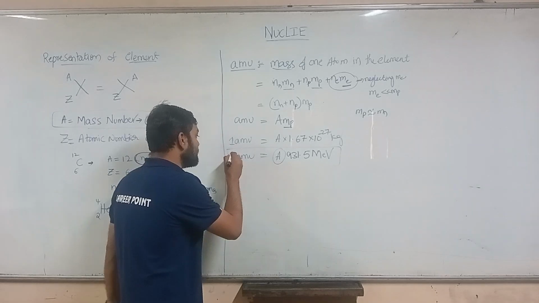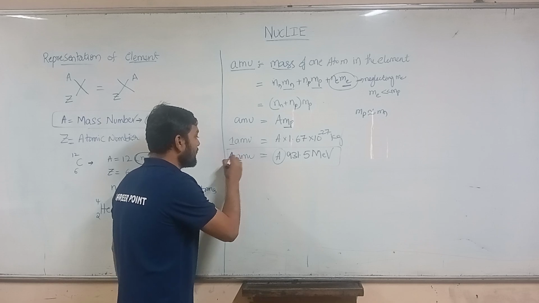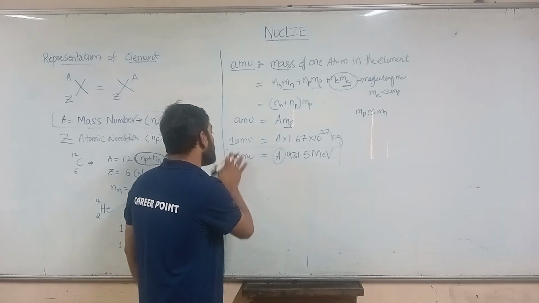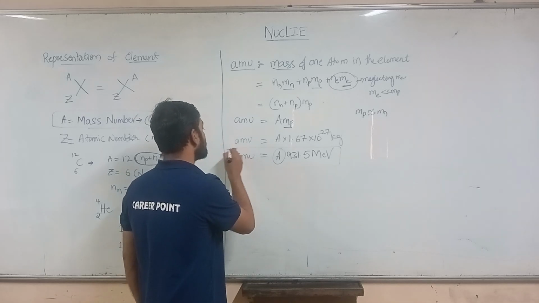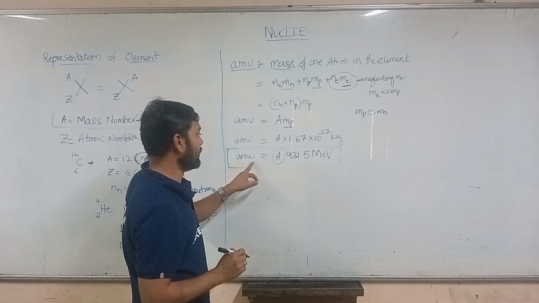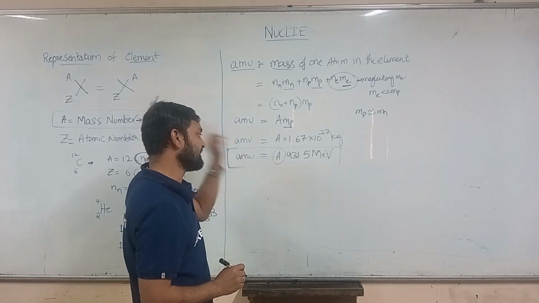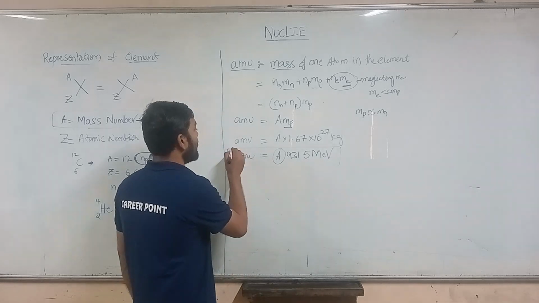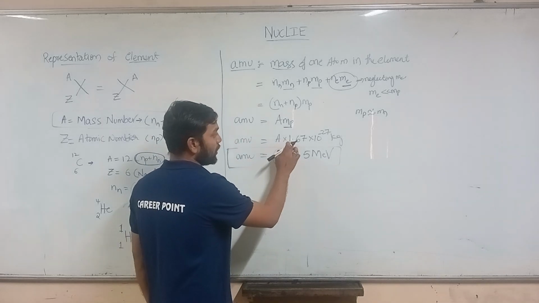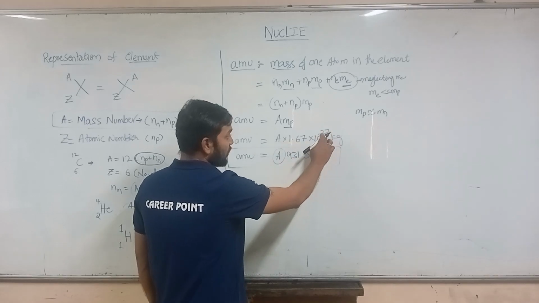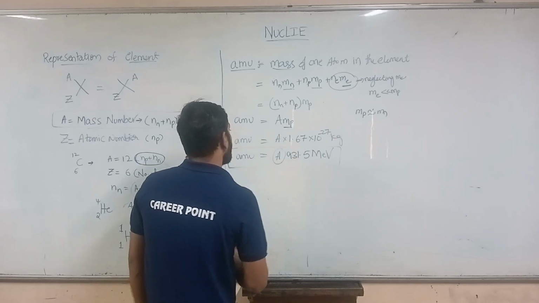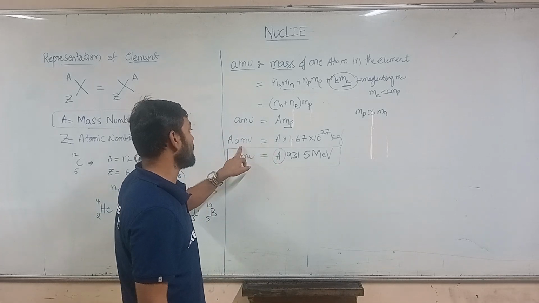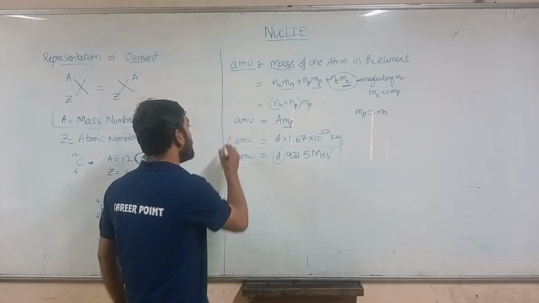So the atomic mass is A, the mass number, into 931.5 mega electron volts, and also A into 1.67 into 10 to the power minus 27 kg. Generally we take A here also, because A is multiplied. So this is the atomic mass.